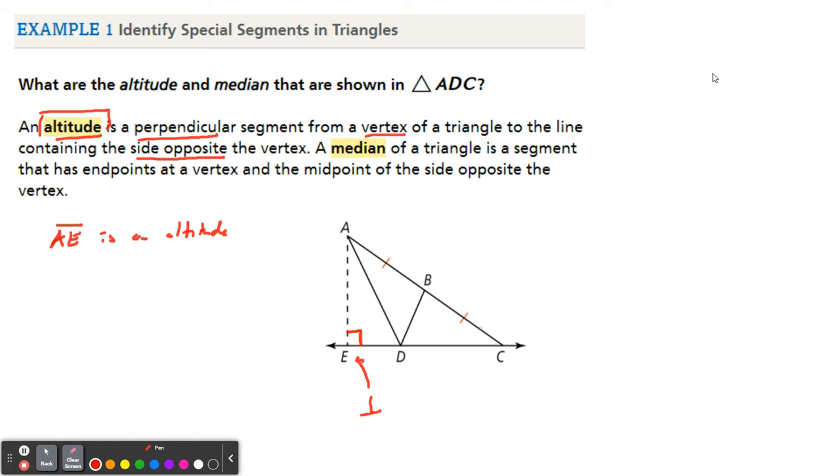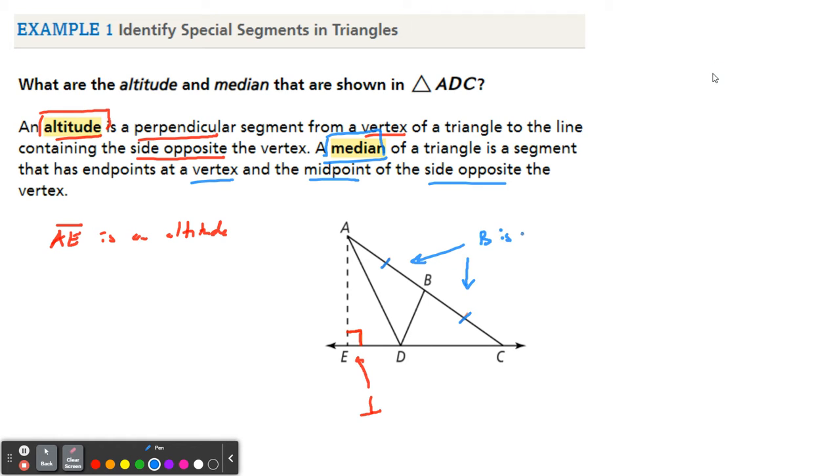Now, when I think of median, as I mentioned before, a median is a segment that has endpoints at the vertex and the midpoint of the side opposite. So when you think of midpoint, think of these two congruent markings. That means that B is the midpoint of segment AC.